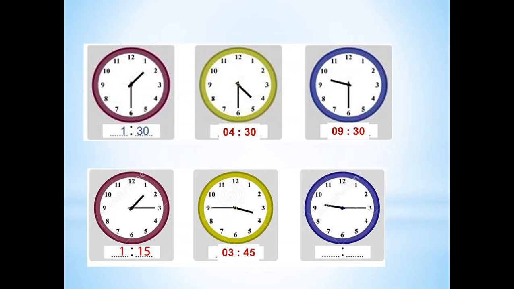The time is 3 colon 45. The last one. What is the time? The short hand is closer to 9. So 9 and how many minutes? Excellent. 15. 9 and 15 minutes.